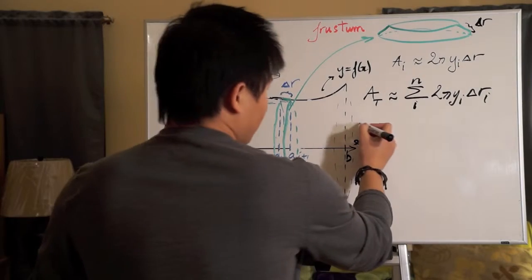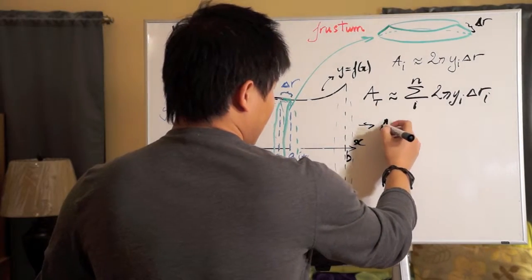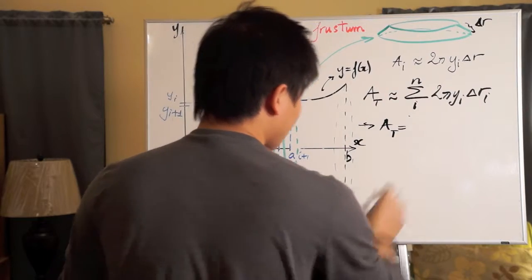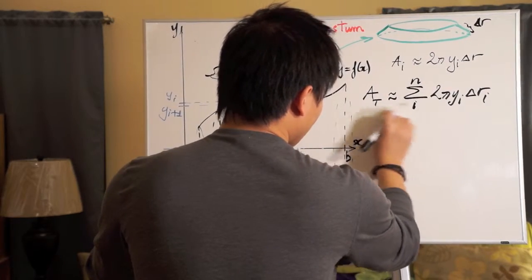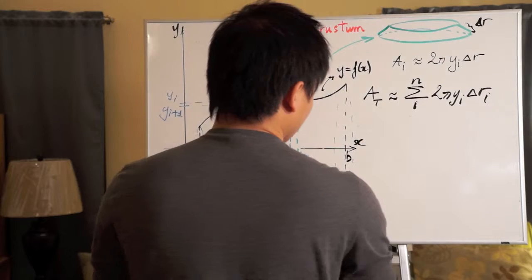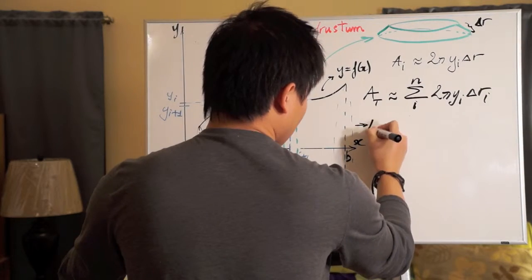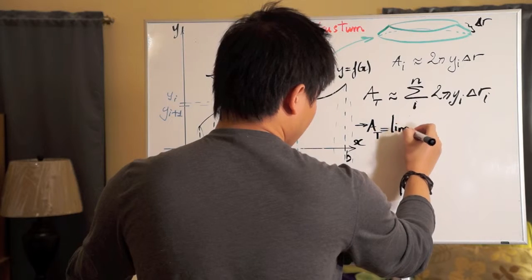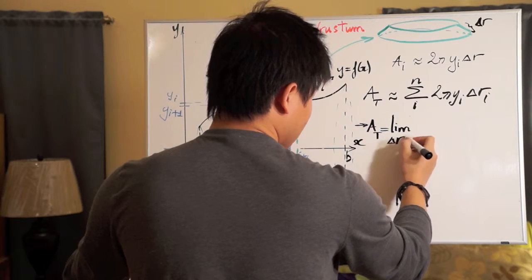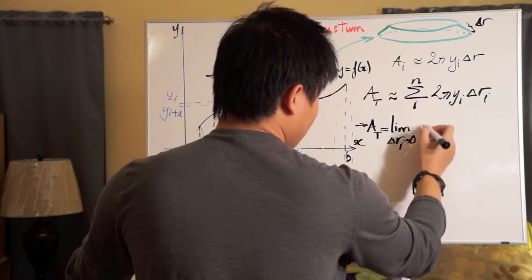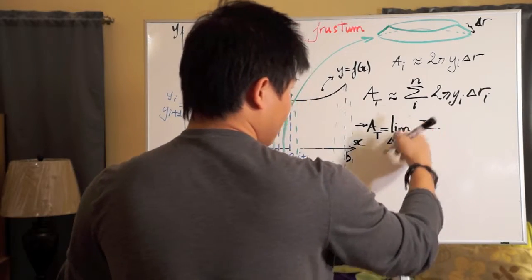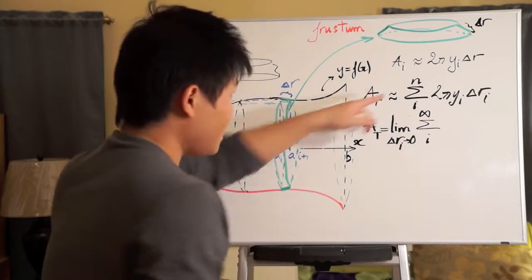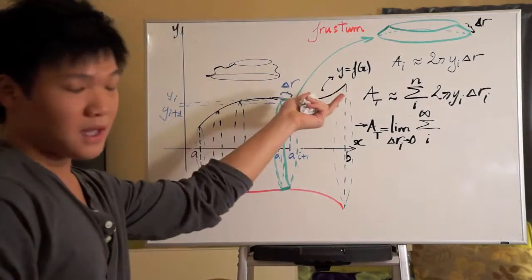So therefore we can have the total area A be equal to the limit as delta r sub i goes to 0 of the sum starting from i and going to infinity. n could be any n, as big as n can get.